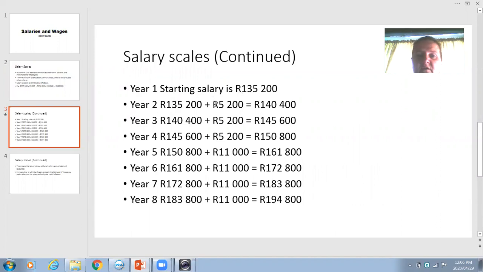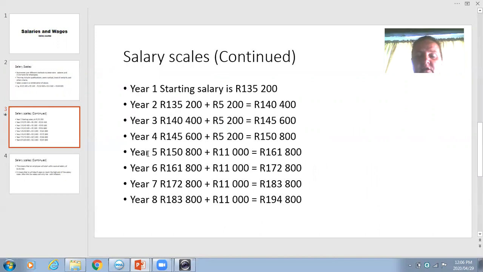Then there will be an increment of 5,200 per year until they reach the total of 150,800, this figure. Right, so in year 4, they will reach that.